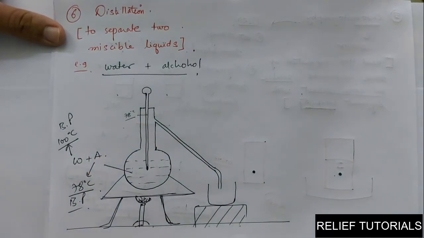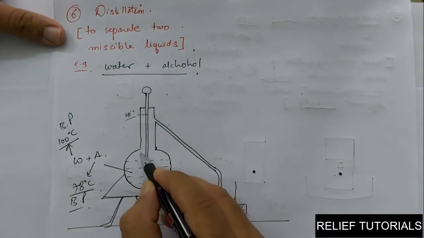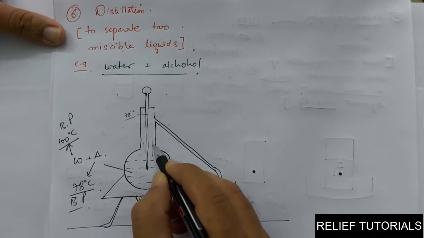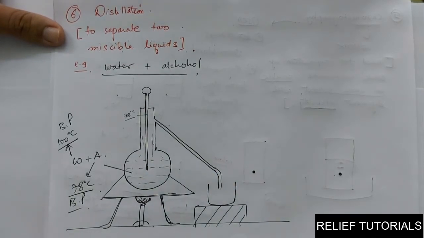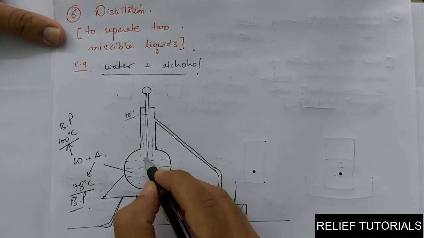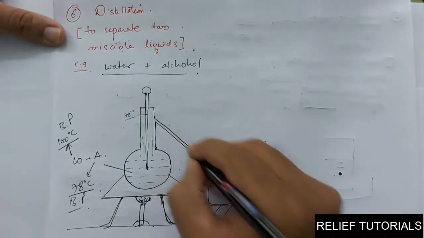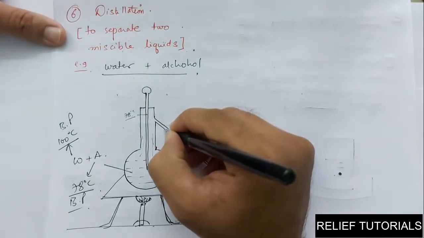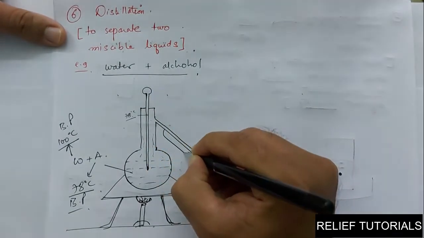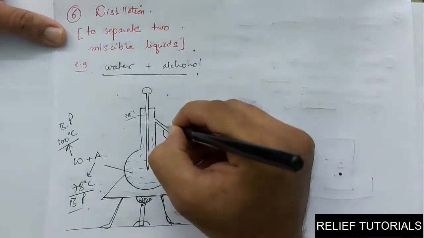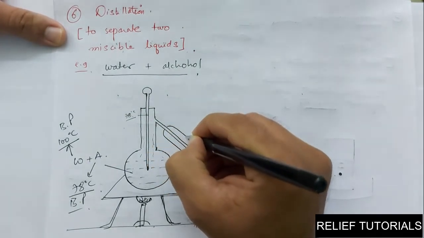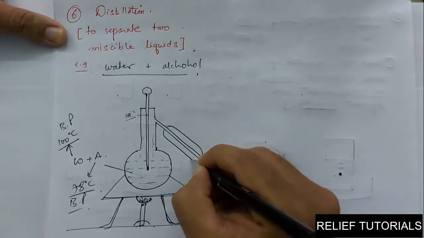When the temperature reaches 78 degrees Celsius, the vapors of alcohol will start forming, but there is no way to come outside except this one. This is the condensation tube, which is actually surrounded by a continuously water-flowing cylinder to make the condensation tube cooler.